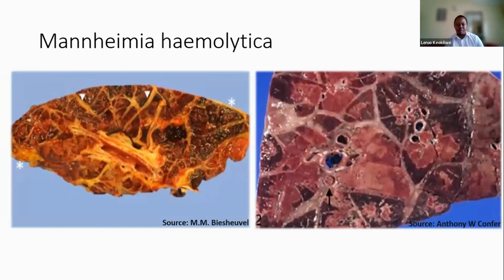And this is the cross section that we see for Mannheimia hemolytica, and you can see that there is some extension of the interlobular septa, and you can see the hepatization and different stages of disease progression with some necrosis as well. So a picture like this at postmortem, in my opinion, I will be thinking CBPP.